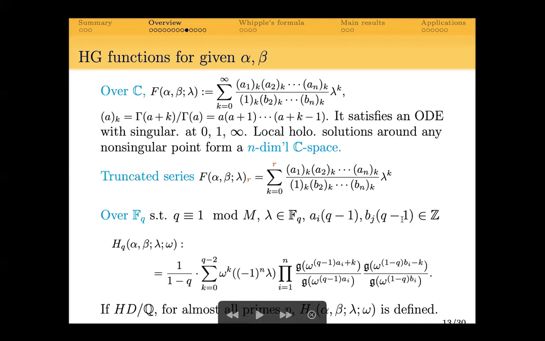Now if I fix a choice of generator of the multiplicative characters, we can write down, very analogously to the definition of the classical hypergeometric function, a formal character sum in terms of Gauss sums.